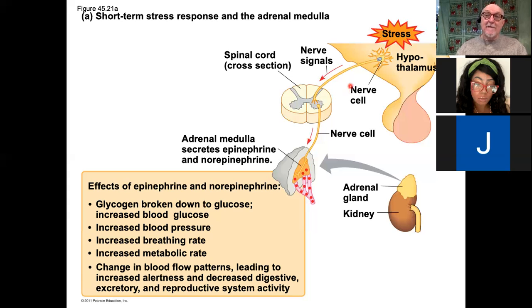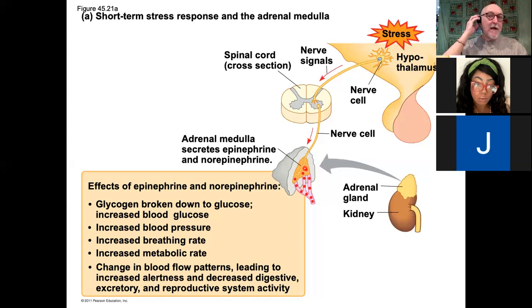The hypothalamus is communicating directly with the adrenal medulla through the nerves of the sympathetic nervous system in response to that sudden stimulus. And it gets the adrenal medulla to release these two hormones called epinephrine and norepinephrine.